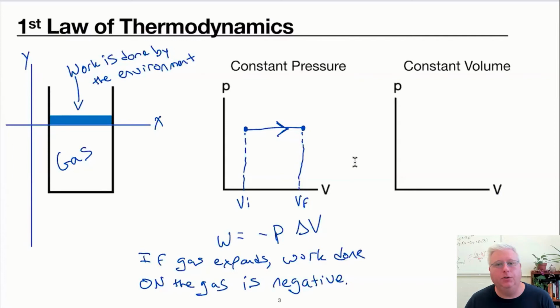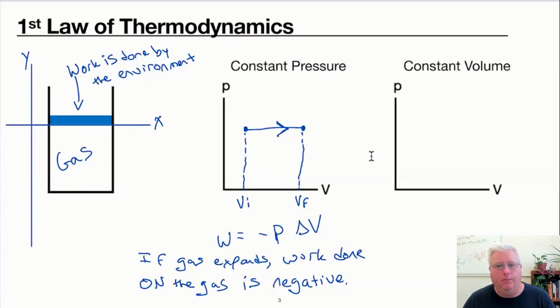The atmosphere is using the piston, and so we can use the weight of the piston to determine the pressure. And of course, like we saw before, on the pressure-volume graph this is just a flat line, so the area under the curve is pretty simple. It's just pressure times change in volume.